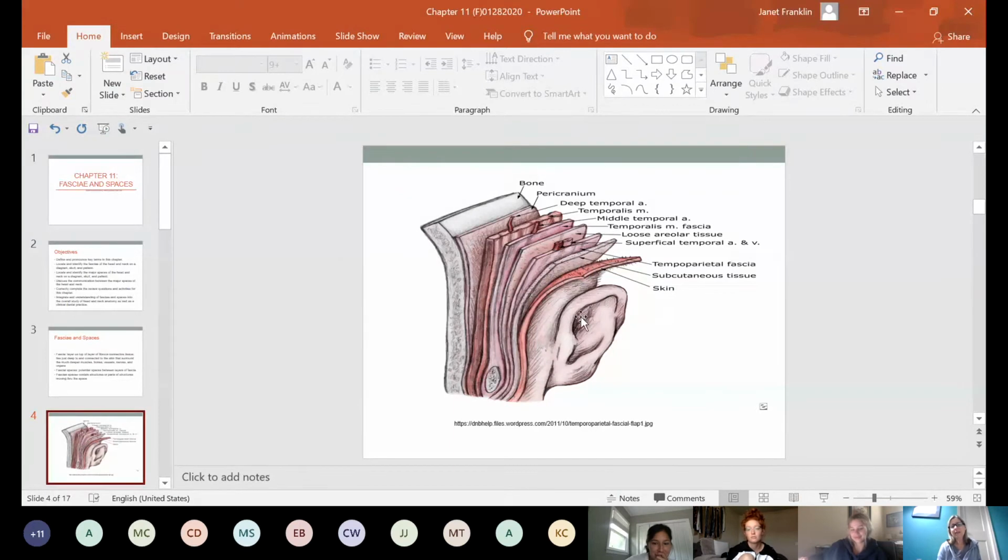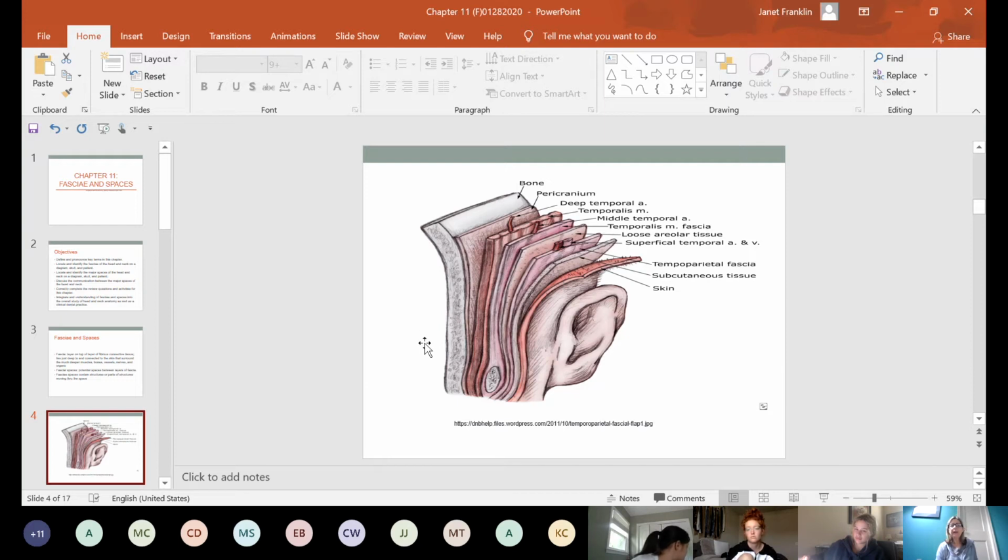Okay, so in this picture, here's the ear, and this just shows you the layers of tissue. Within those layers of fascial tissue, between them, are spaces. They lay like sheets of paper with a tiny space between them, and they surround all of these structures.